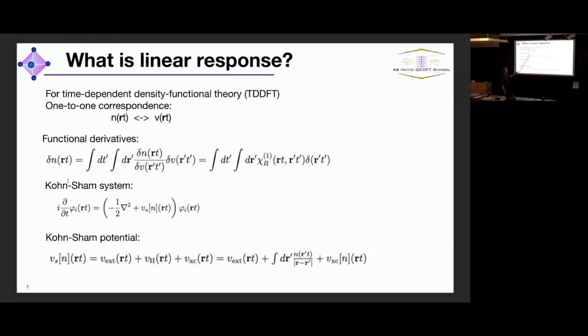You have delta n, which you expand with the potential. So in this sense, the response function chi(r,t,r',t') is delta n over delta v. The response of the system under an external potential, and what is the resulting density. So that's the response.